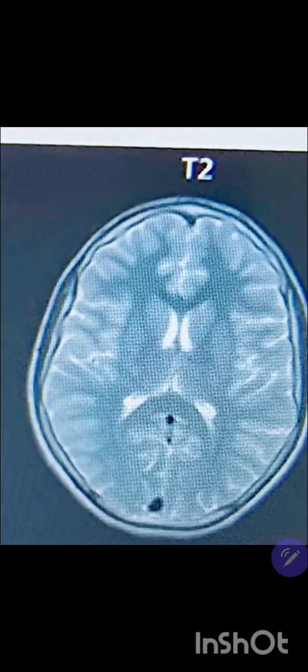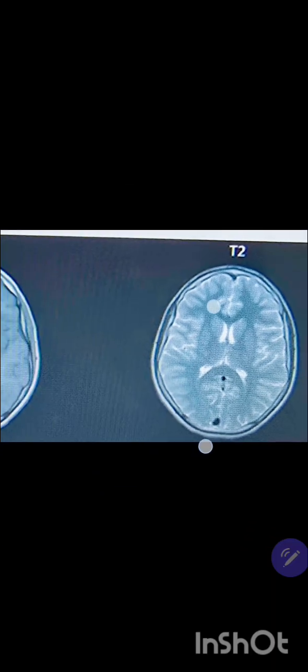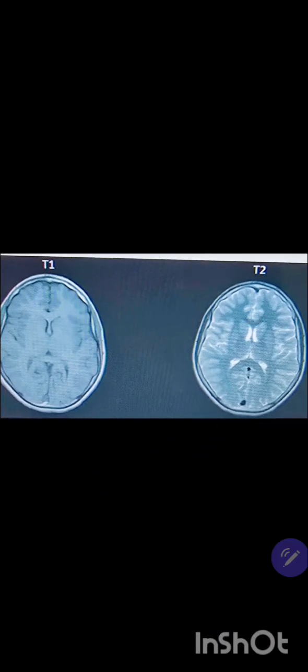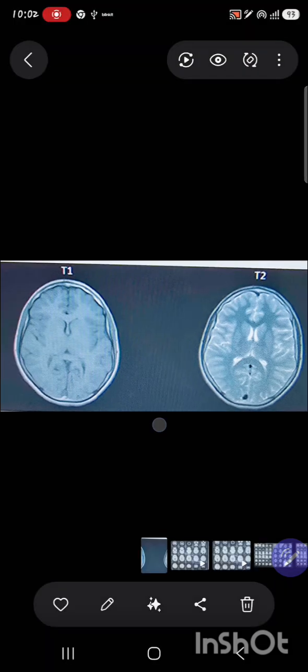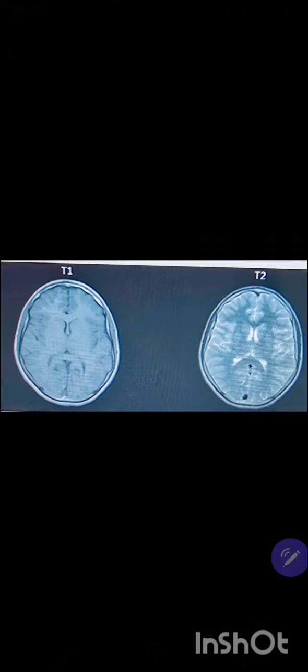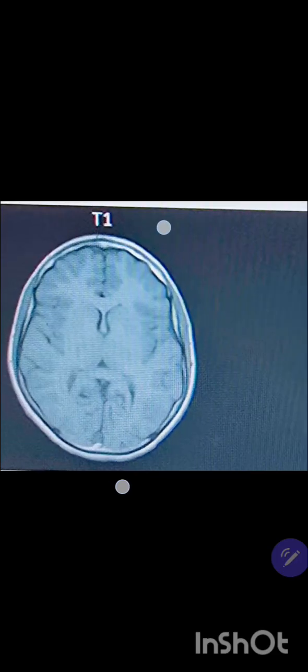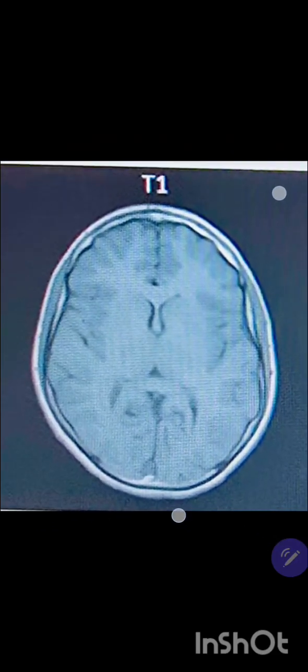This is the main difference between T1 and T2: on the basis of the timing difference of the radio frequency pulses in MRI, we can differentiate the imaging as T1 and T2. In T1 we can identify the structures, with a bright fatty layer, a black appearance in the lateral ventricle, and other soft tissue light gray.